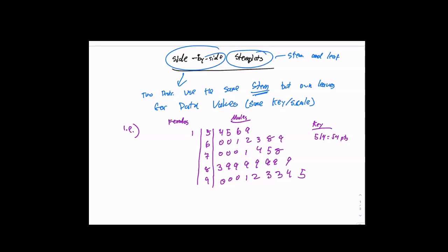And you might have 1, 1, 2, 3, 4, 8, 0, 0, 1, 3, 9, 5, 0, 1, 2, 2, 3, 8, 8, 9, 9, 9, 9, 0, 0, 1, 2, 3, 5.